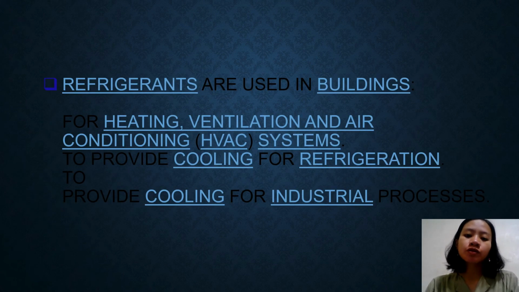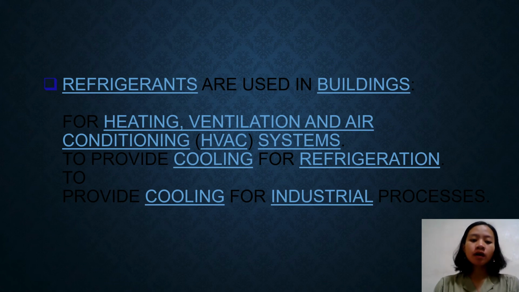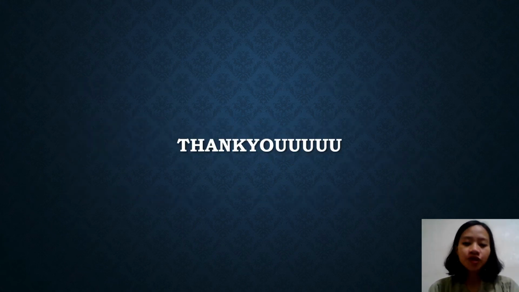Refrigerants are used in buildings for heating, ventilation, and air conditioning systems, to provide cooling for refrigeration, and to provide cooling for industrial processes. That's all for refrigeration and thank you.